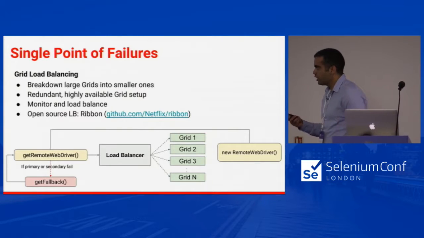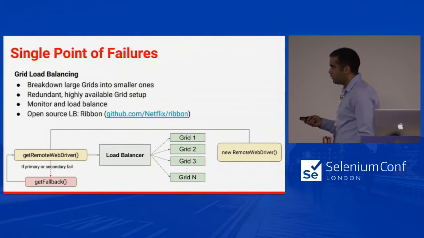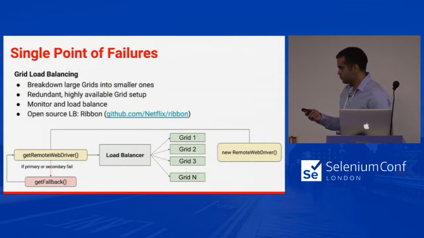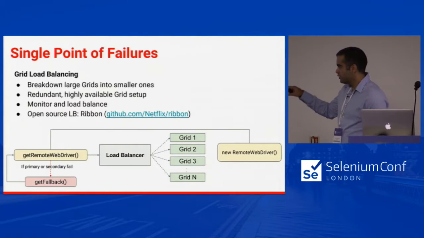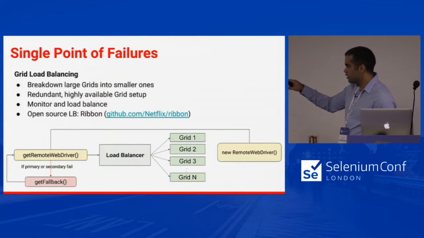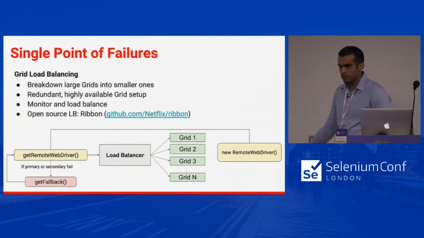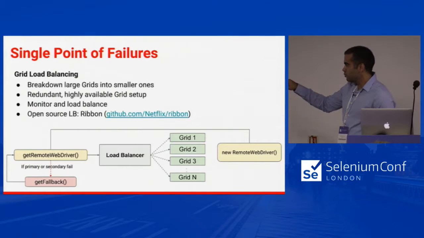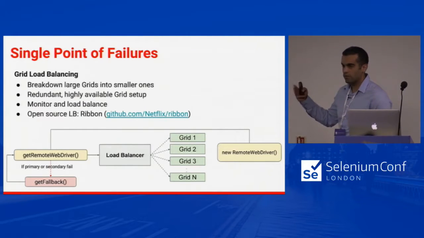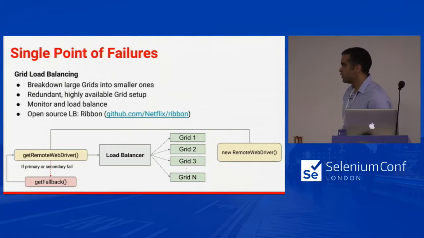This way, you will have a redundant and highly available grid setup, to which you can apply a load balancer, and route your get remote WebDriver requests to the load balancer. The load balancer will be able to distribute your test sessions across these grids based on the capability that each grid can give you.